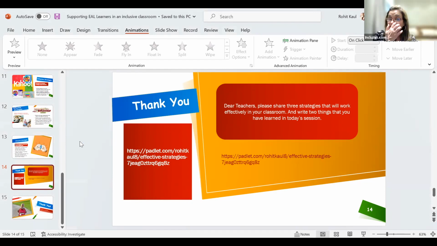I think Rohit has done an amazing job. He has shared so many ideas and given us a lot to think about. I love the strategies. Think about what you can take away. But are there any questions that you would like to address directly to Rohit?